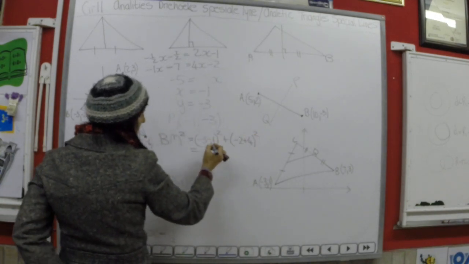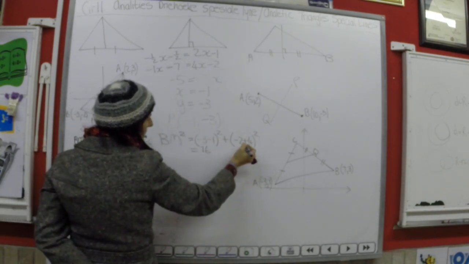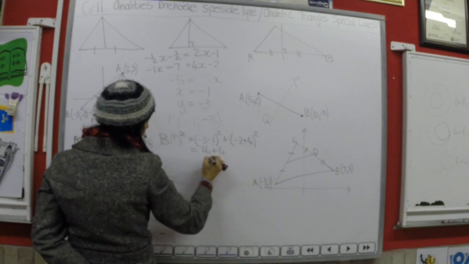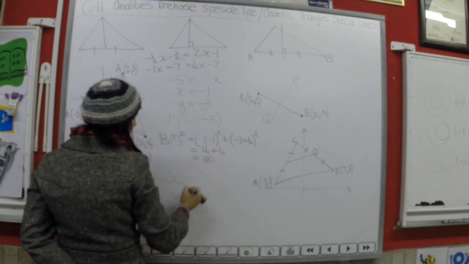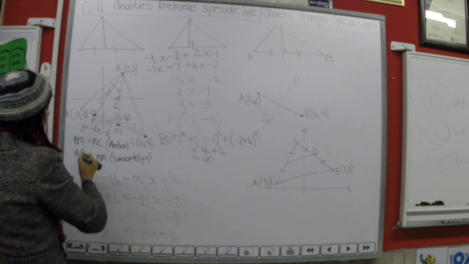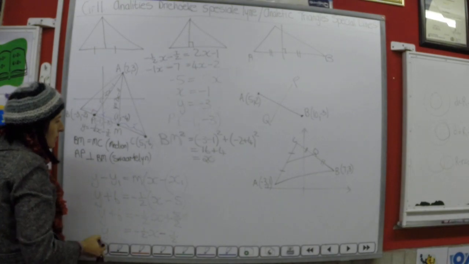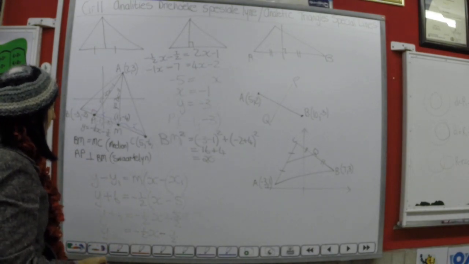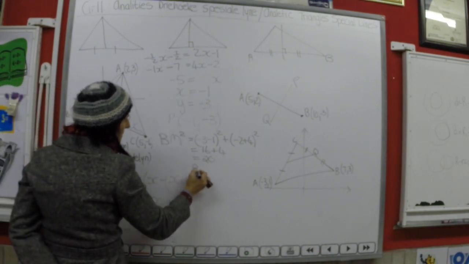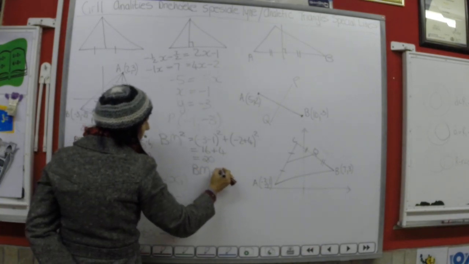So ek het minus 4 kwadraat is 16 en dan 2 kwadraat is 4. So BM kwadraat is 20. That's the length of half of the base of this triangle. So dis die helfte van die basis. BM is dan gelyk aan die wortel van 20.